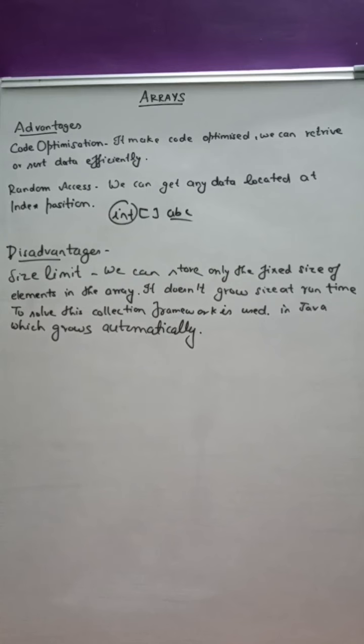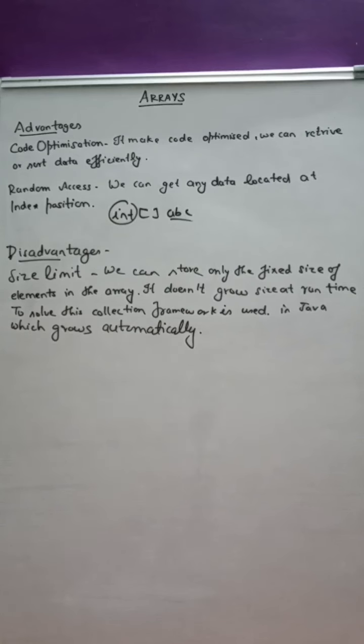So the efficiency of the computer increases. Talking about sorting the data, yes, the array provides you the two sorting operations, that is selection sort and bubble sort. It also provides the searching techniques, that is linear and binary search. With this we can clearly say that code optimization is one of the advantages of using the array.